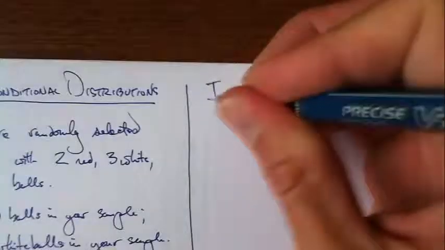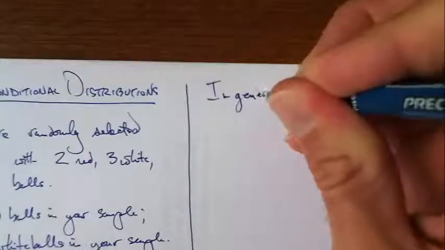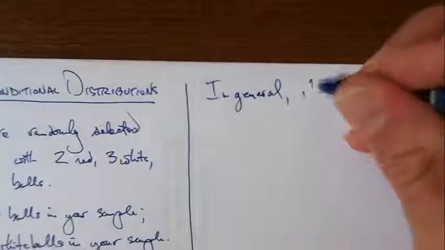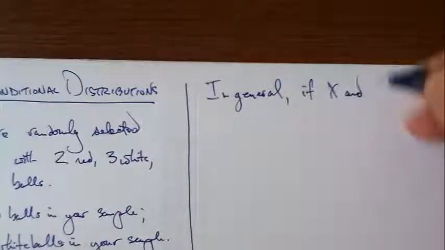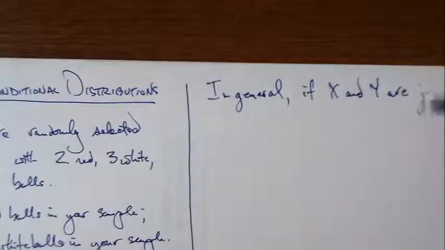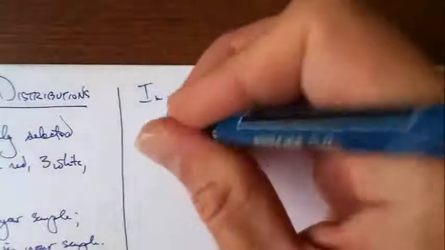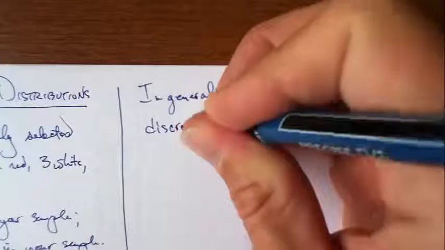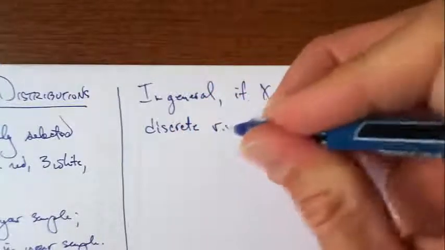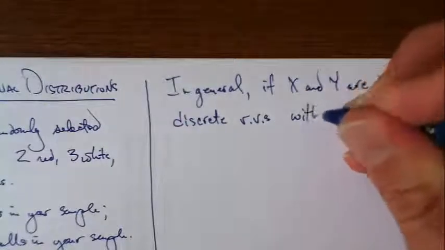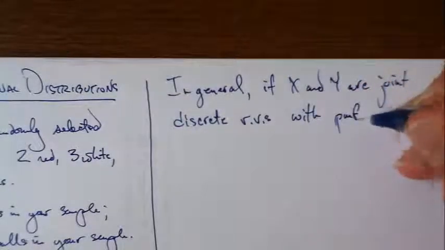Okay, so in general, if x and y are joint discrete random variables with probability mass function, that's, by the way, what all this is.